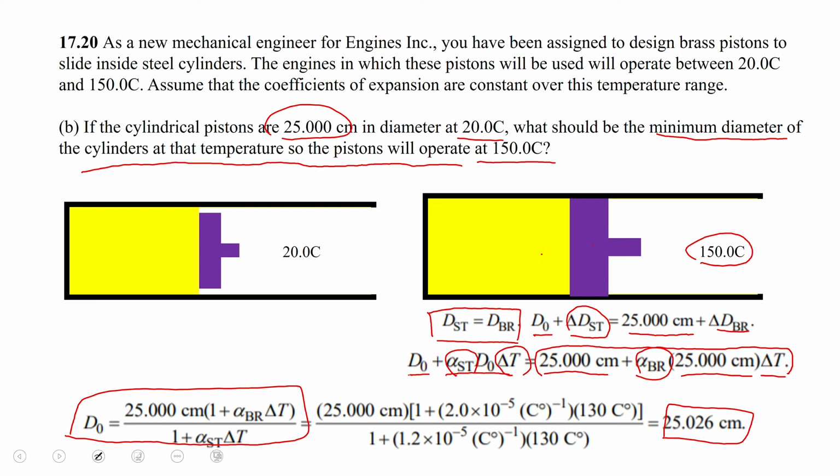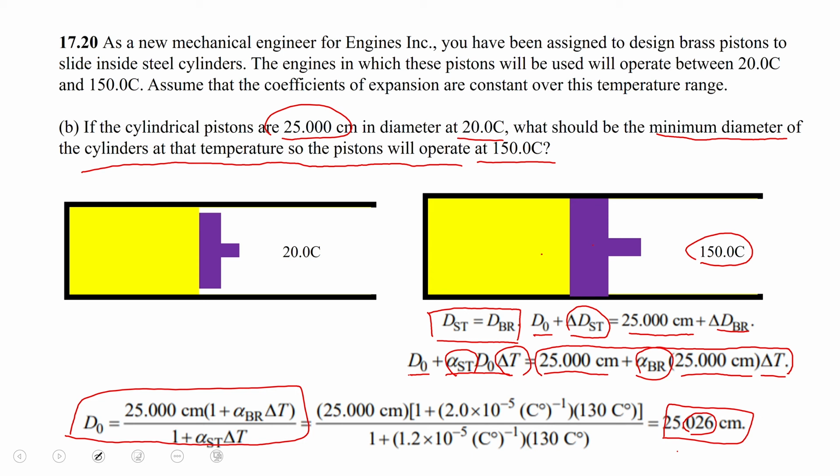And also we have a small decimal behind. So you can just compare with the piston. This should be a little bit larger than the piston. Then we can guarantee this machine can work at high temperature.